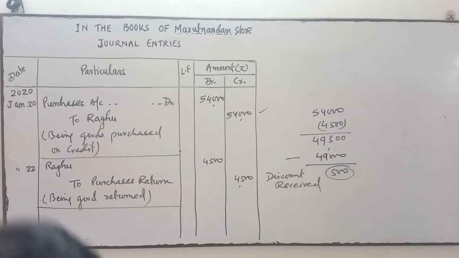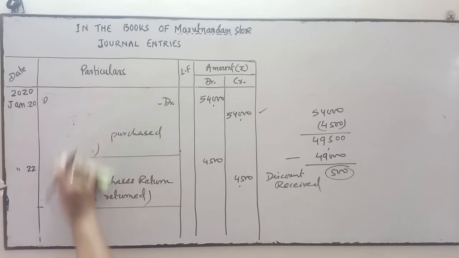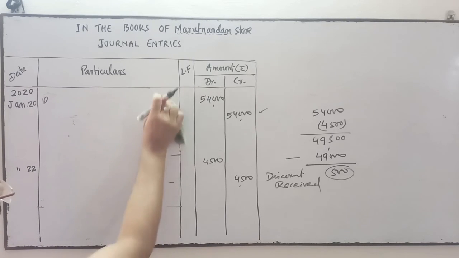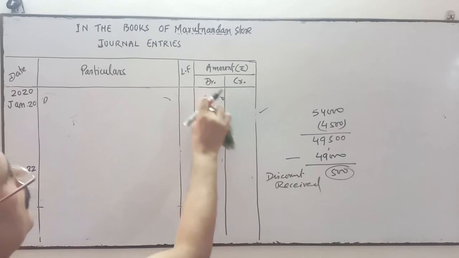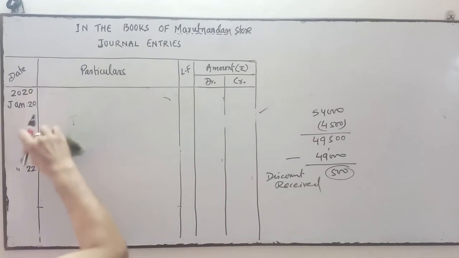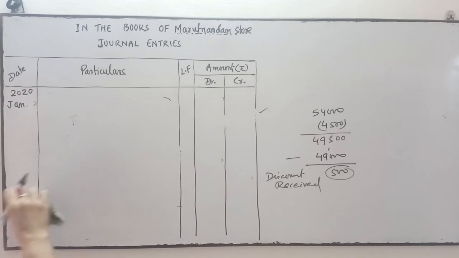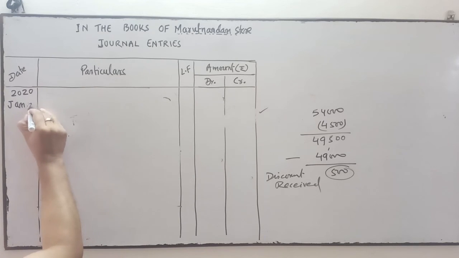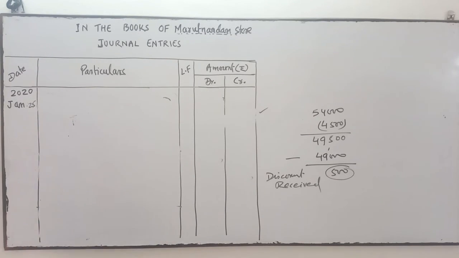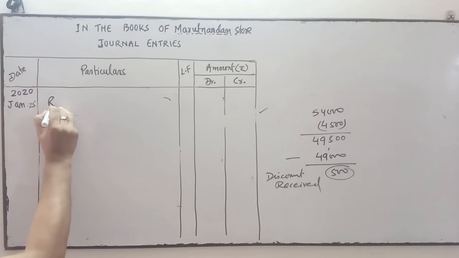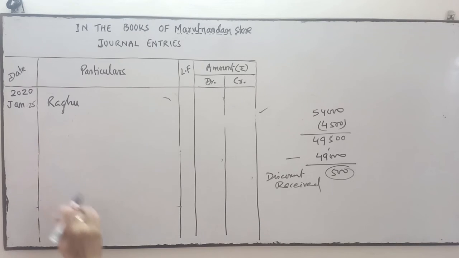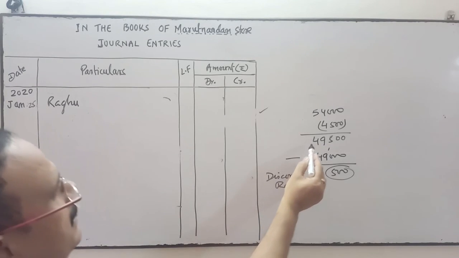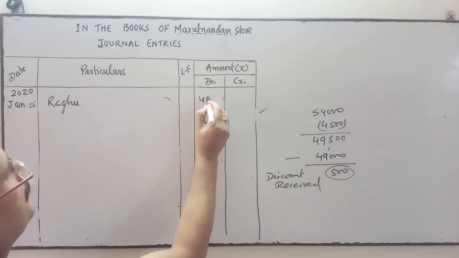So for this transaction the entry will be on January 25. Paid cash to Raghu, so Raghu account will be debited because Raghu is the receiver, with this amount 49,500.